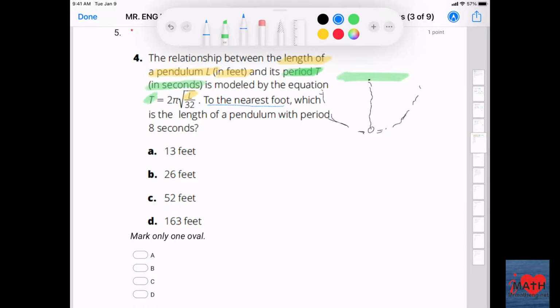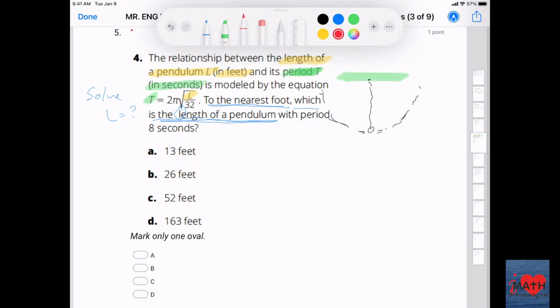Time is not measured in feet, but here it verifies this: to the nearest foot, which is the length of the pendulum? So I see a variable, it is L. L is an unknown, which is the length of the pendulum. What does that mean? We're solving for L. Get L by itself.